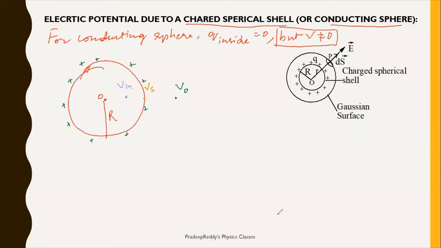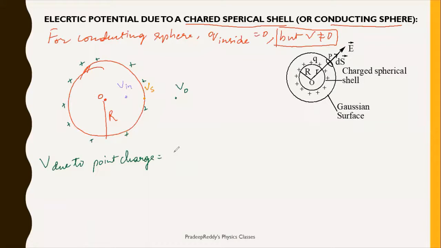Now we know the electric potential due to a point charge. That is very, very simple.